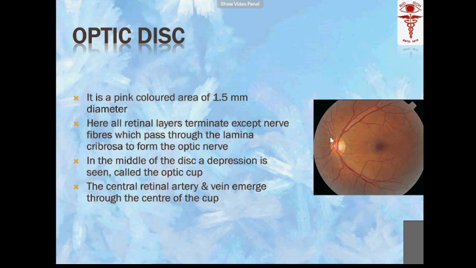So this is the optic nerve where all the layers terminate, and it forms through the lamina cribrosa the ganglion cell layer. The axons of the ganglion cell layer mainly form the optic nerve. Okay, and the central part inside the optic nerve is the optic cup.